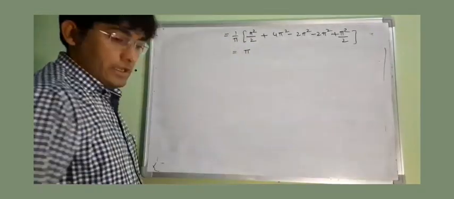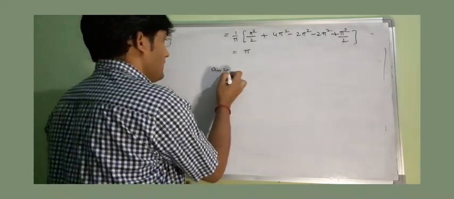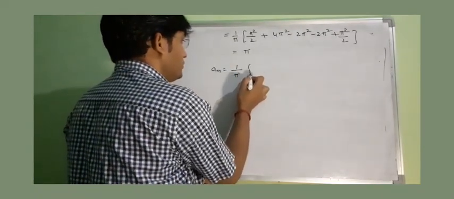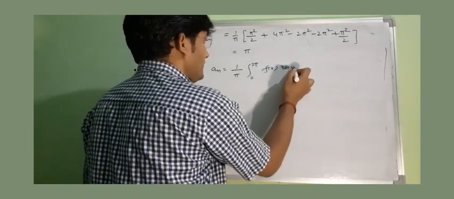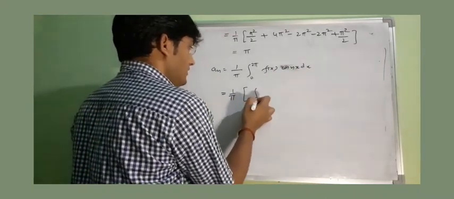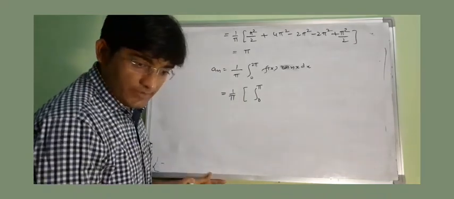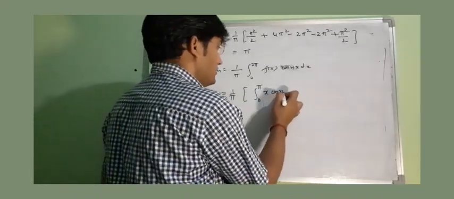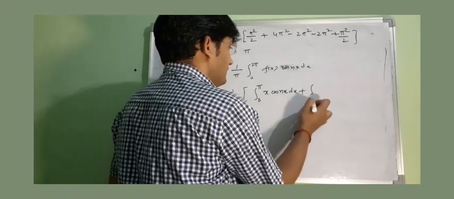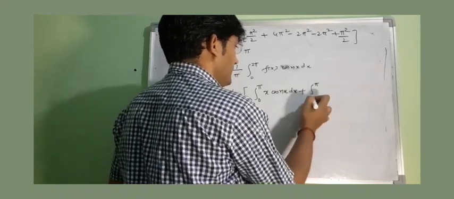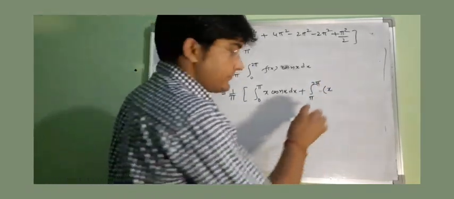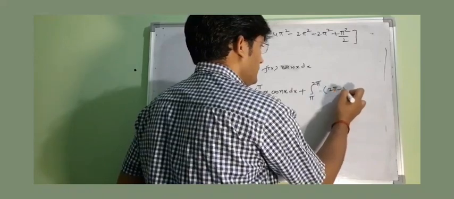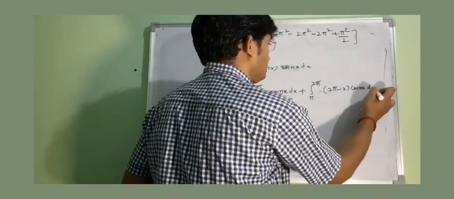And let us compute an. So an will be 1 upon pi, integral 0 to 2 pi f(x) cos nx dx. So this is equal to 1 upon pi, then from 0 to pi we have the value of f(x) as x, so this is x cos nx, and in the second interval from pi to 2 pi, the value of f(x) was 2 pi minus x, into cos nx dx.